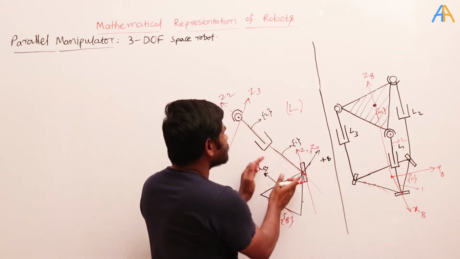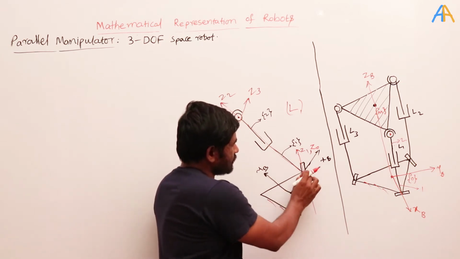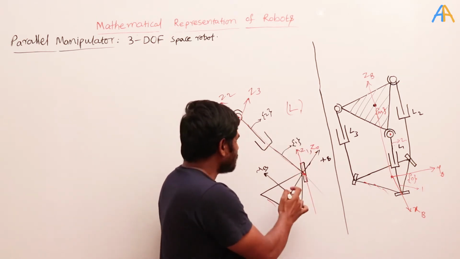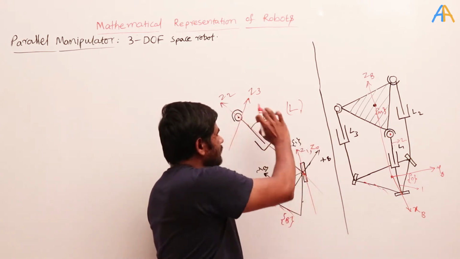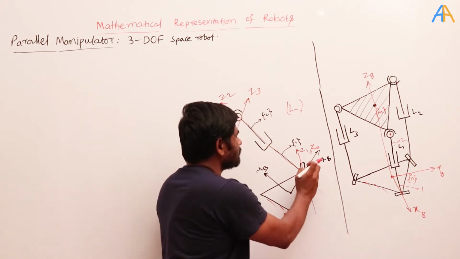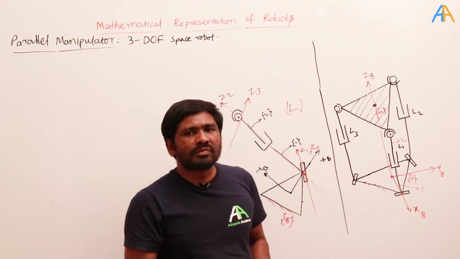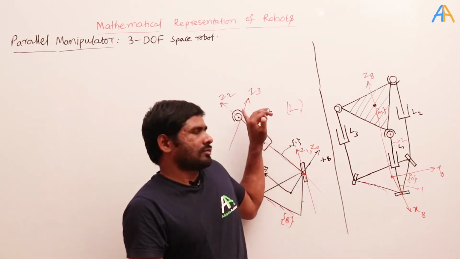You forget about the base coordinate system. I assign it here itself because I know how to translate. I will find the position vector from here to here and I can translate. Otherwise I can move this coordinate system from here to here, then multiply with the transformation matrix, so that I will get a position vector from here to here.